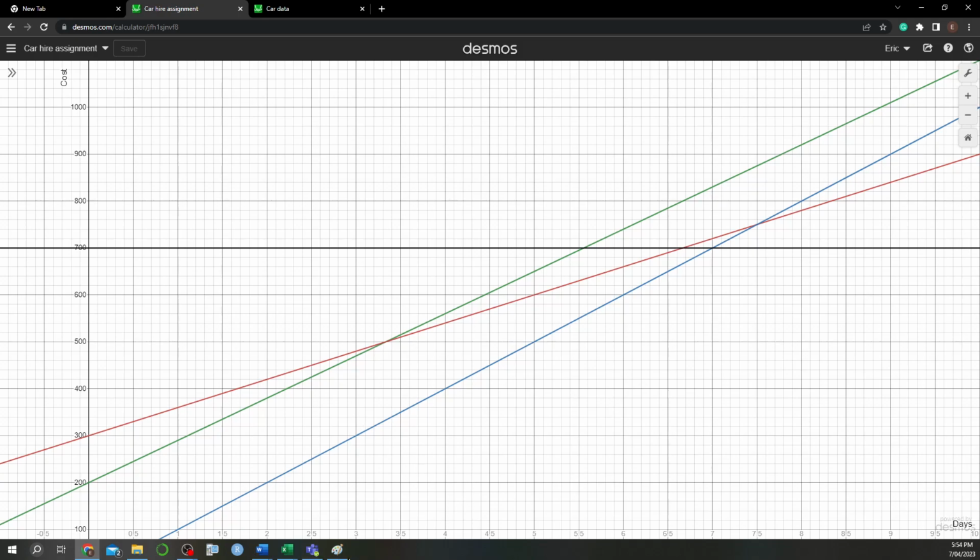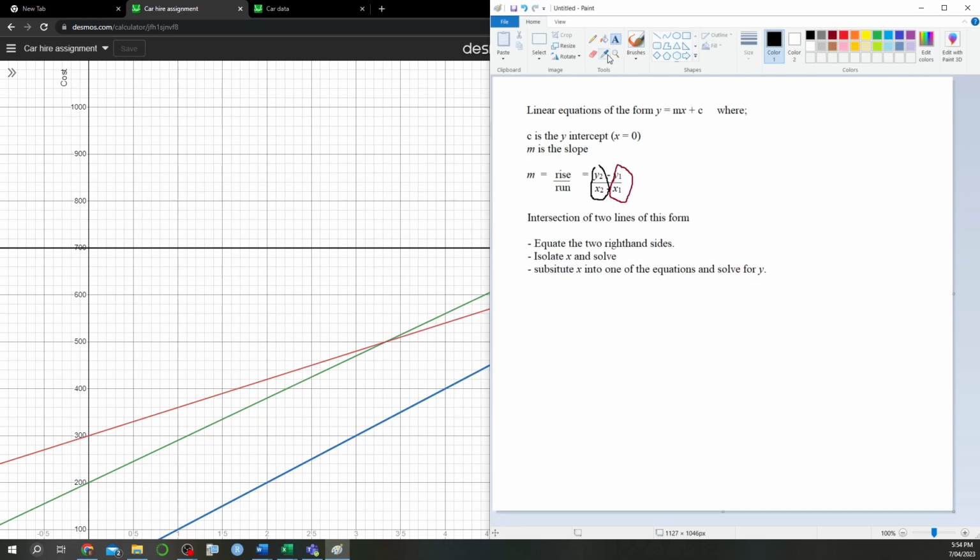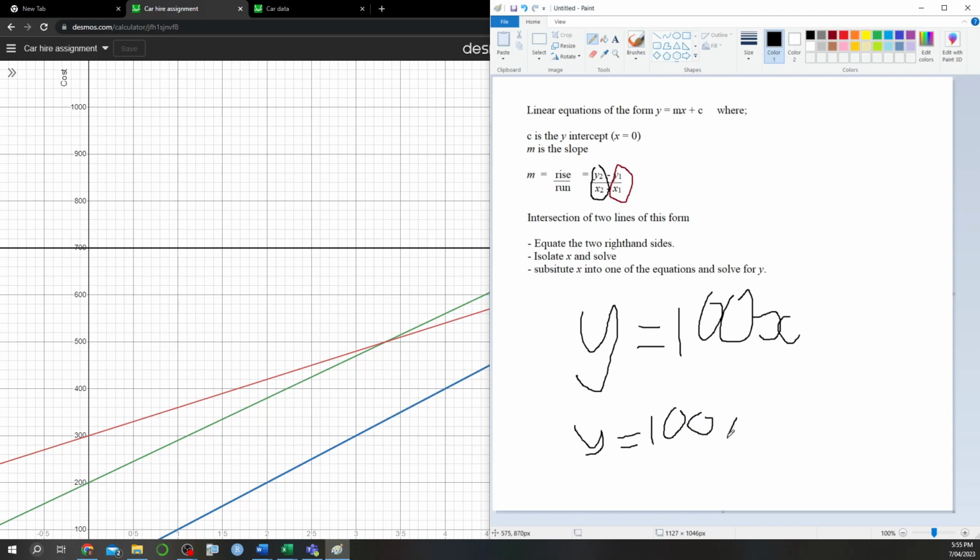You can demonstrate that by just substituting values in. For example, the blue line is y equals 100x. You can substitute the value in: y, the cost, equals 100 times x, times 5.